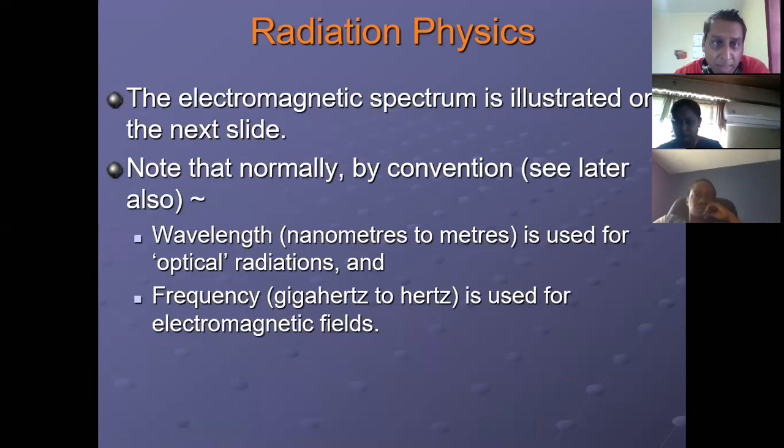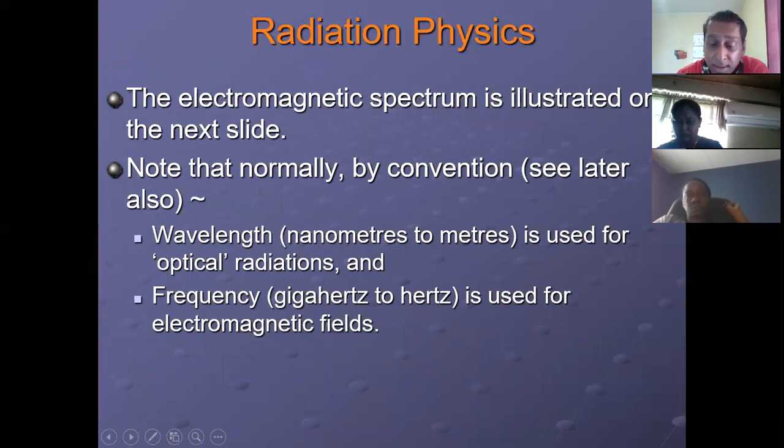So they mentioned the non-ionizing radiation typically on the spectrum, and what you see on the spectrum is that some of the units would be in gigahertz, well, gigahertz to hertz, and some of them will be in nanometers. That's just how the spectrum is designed to look.